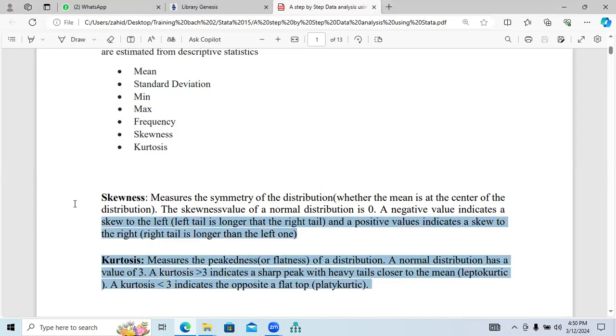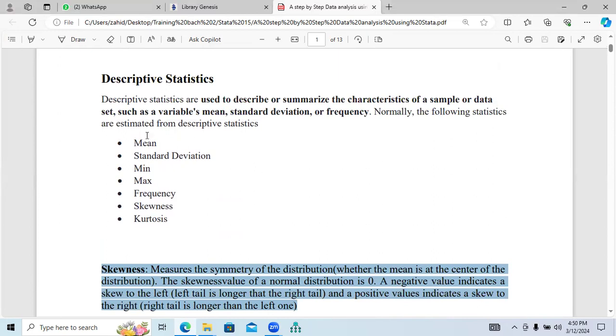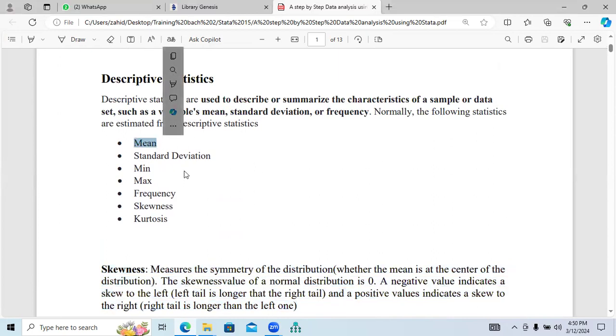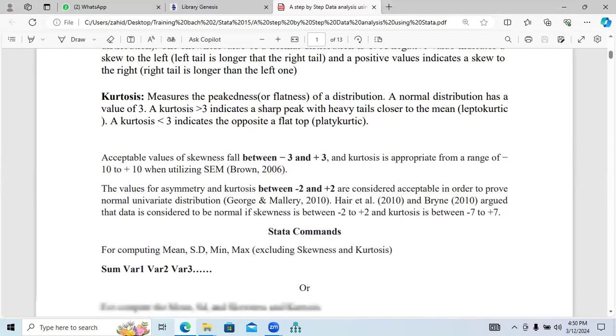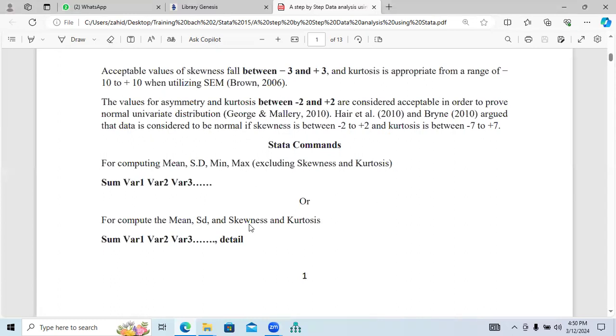So both of these measures are used for normal distribution in case of descriptive statistics, while the mean value indicates the average value of your data. So we have discussed these things in our Stata, and we have discussed this command with reference to Stata, that whenever you need to find out the summary statistics of your variable, you just need to write sum with variable 1, 2, 3, and so on.